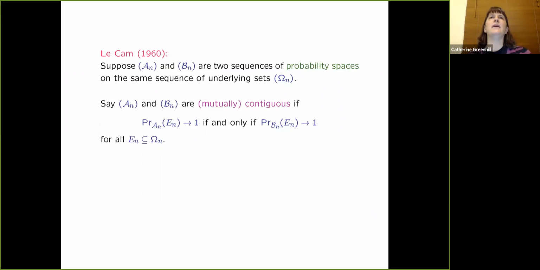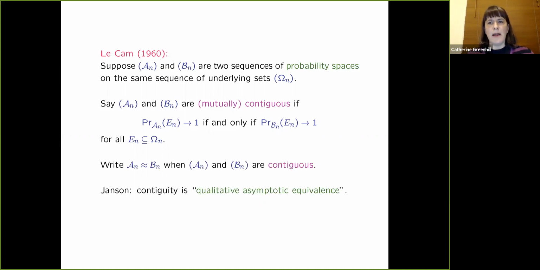So the probability of some event tends to 1 in one of these spaces if and only if the same thing is true for the other space. Sometimes you can talk of a one-way contiguity where you just have one of those implications, but we're mostly interested in the if and only if. And we write A ◁▷ B if those 2 sequences are contiguous.